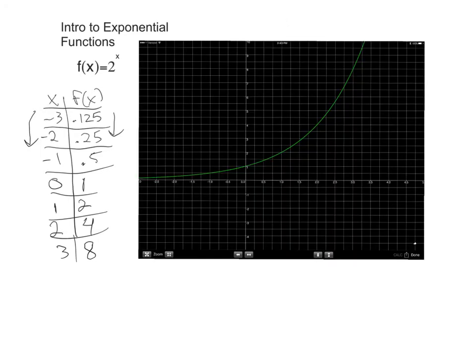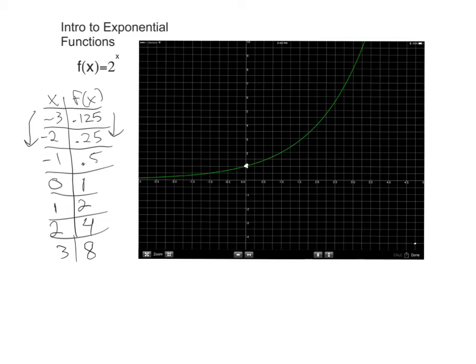Once we look at the graph, you're going to see this exponential graph right here. Notice what I did: I graphed the points, starting with the nice ones. This is (0, 1). We could do (-1, 0.5).